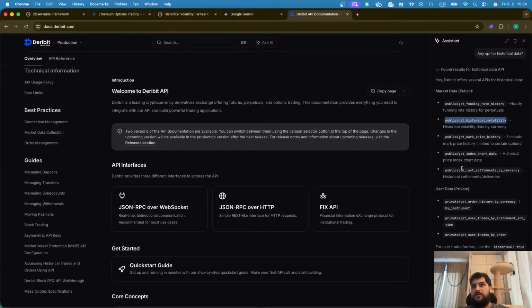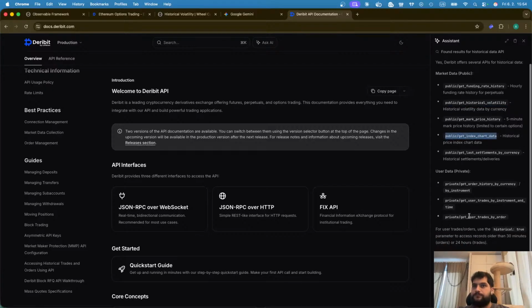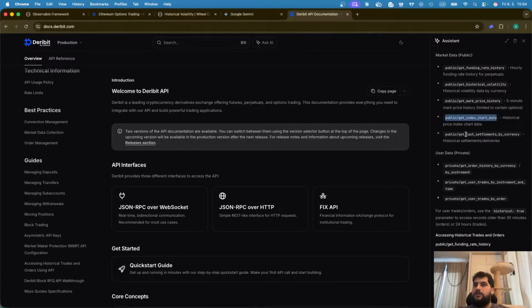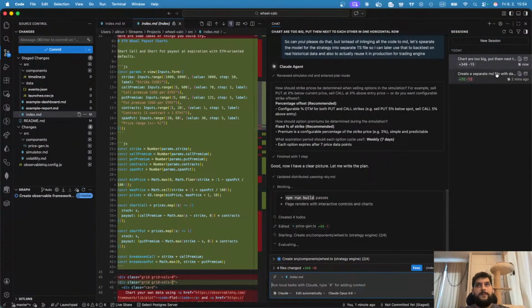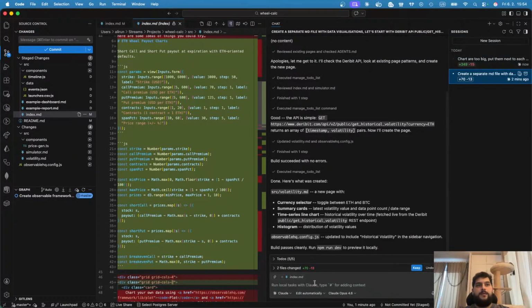This one may be useful. Settlements by currency and private data. We don't need private data, so let's start with the public one and also. Okay, rename it to Deribit data, and add this one as well.